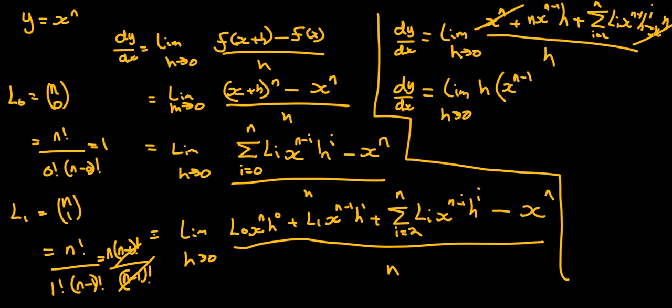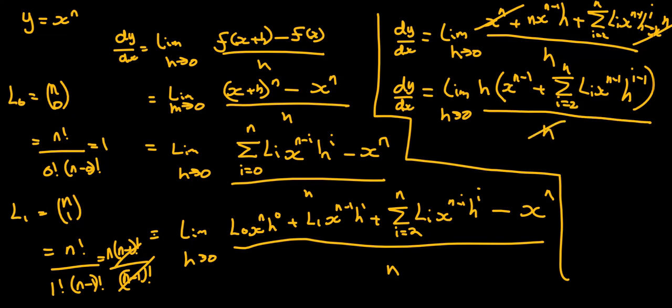h, n x to the n minus 1 plus the sum of n choose i, x to the n minus i. This time we get h to the i minus 1 because we've taken the h out. So that cancels.